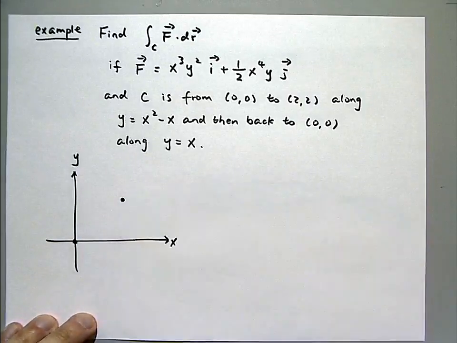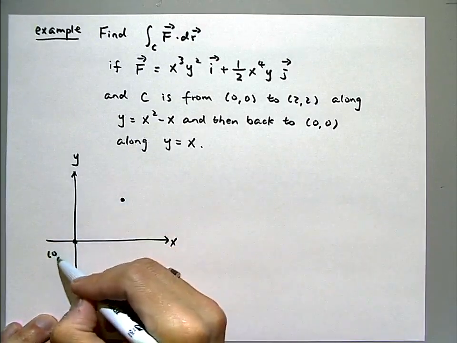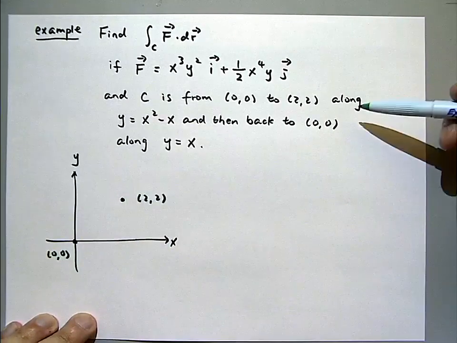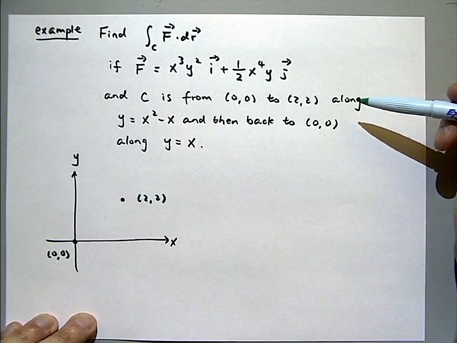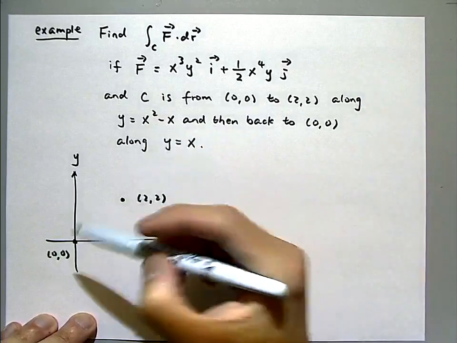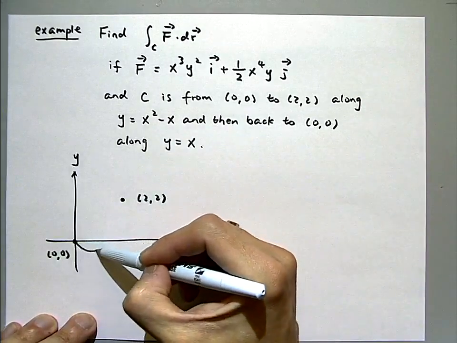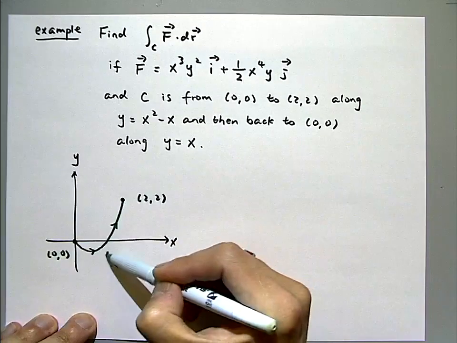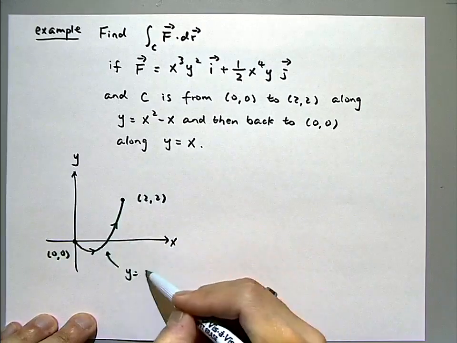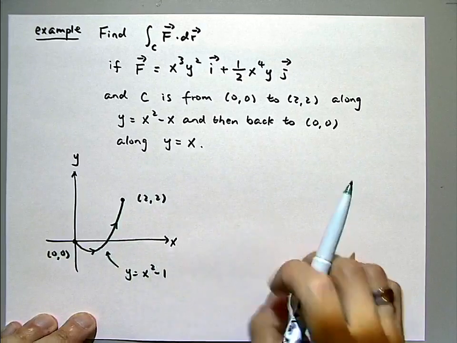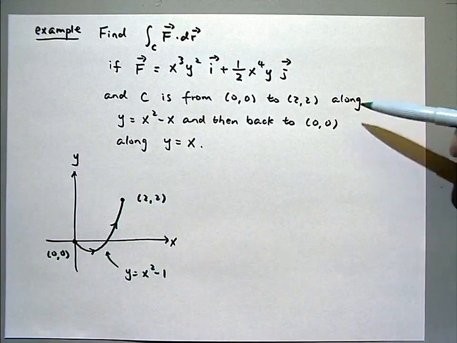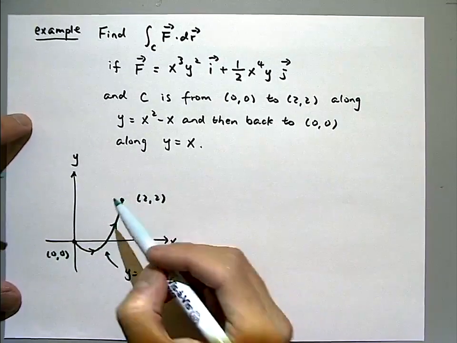We have a middle point at 2, 2. First, we want to go along a parabola, x squared minus x. It looks something like that. And then we're going to travel back to the origin along a straight line.